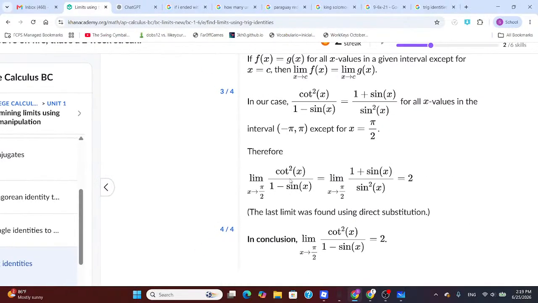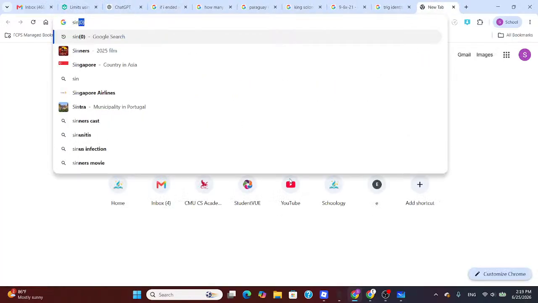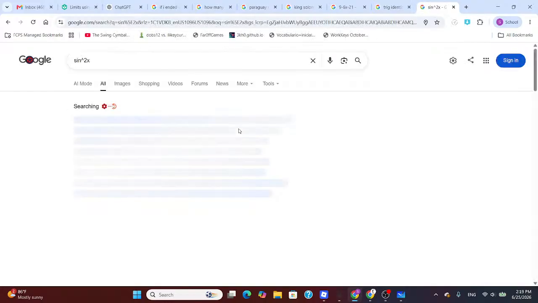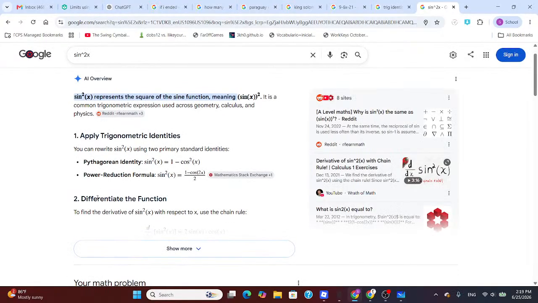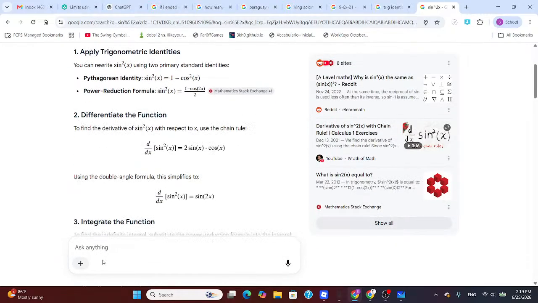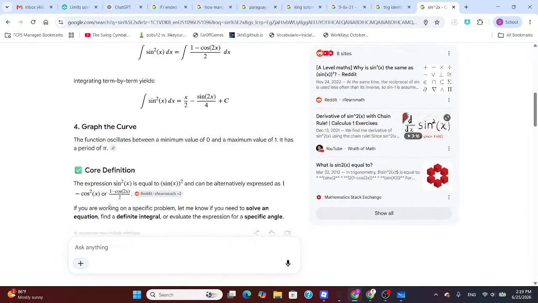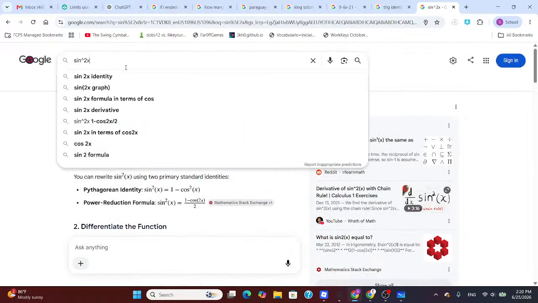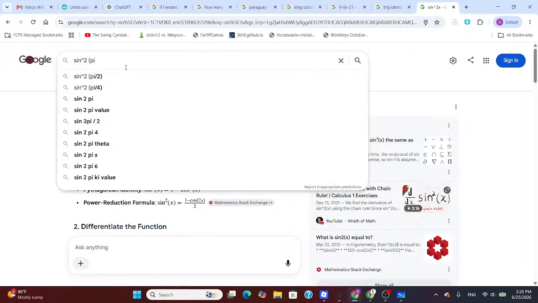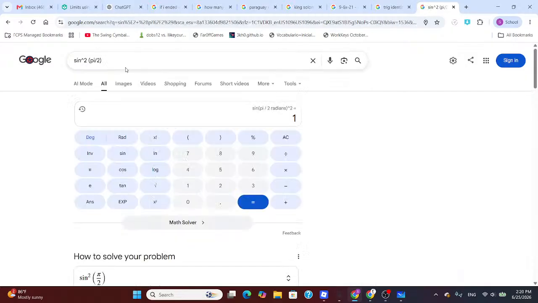So in the bottom, I'm assuming it equals sine squared pi over 2, which is 1.